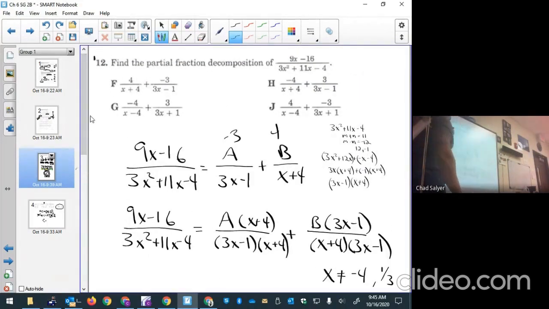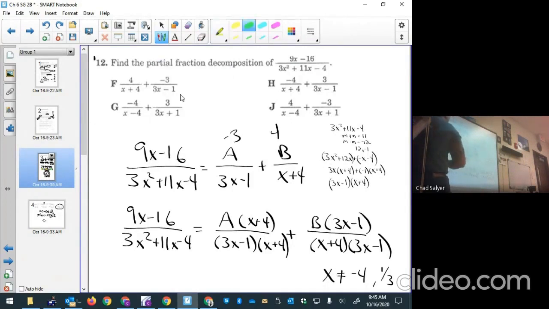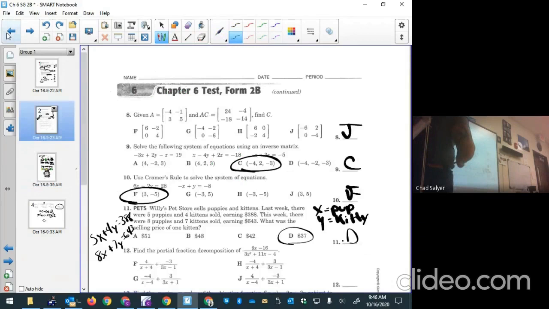And now notice it might be in a different order in the answer, so it's important to come up here and really think about what matches. So we need the term over 3x minus 1 to have negative 3. So here I've got that term that matches this term. I think that's maybe the only one that agrees. Yeah, okay, so we can exclude all other answers from this point, and F, as in Foxtrot, is the answer to 12.